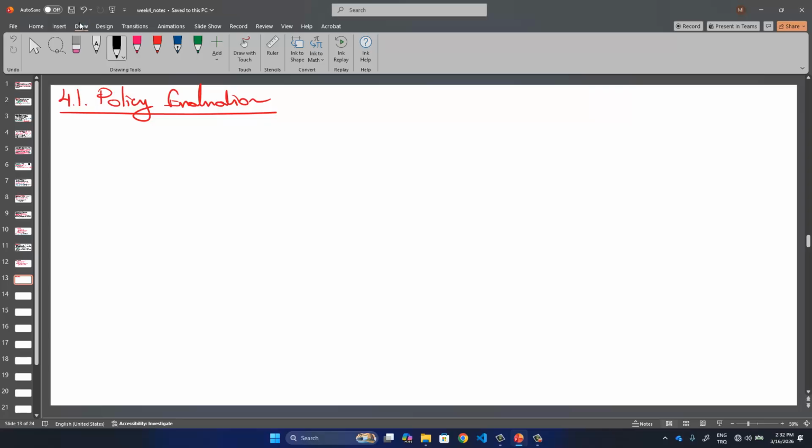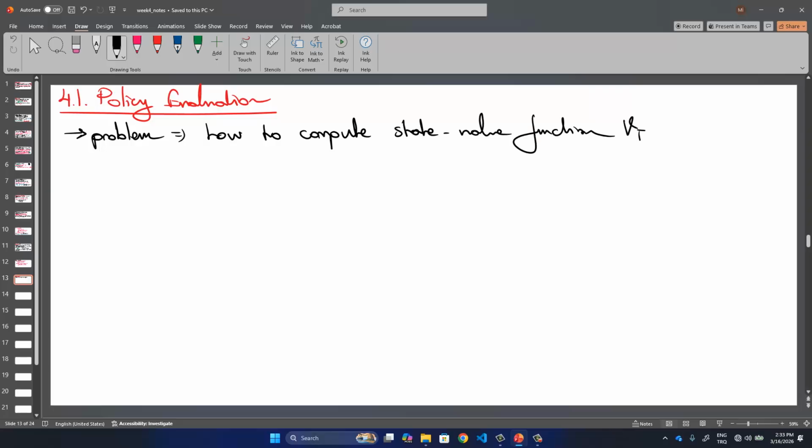And after that, we need to evaluate it based on what? Based on the truths or the facts. And so how can we evaluate this case? The problem is how to compute the state value function v pi for an arbitrary policy pi.